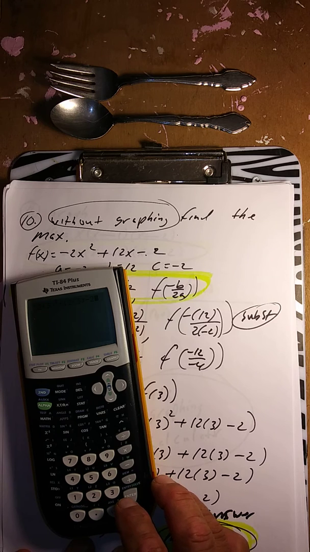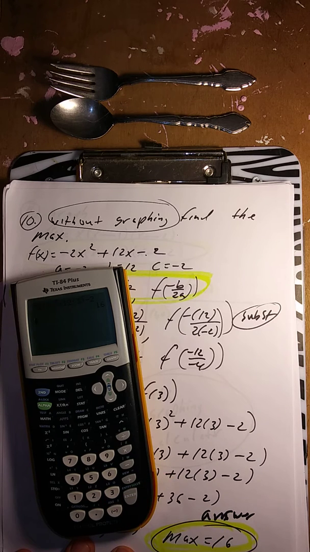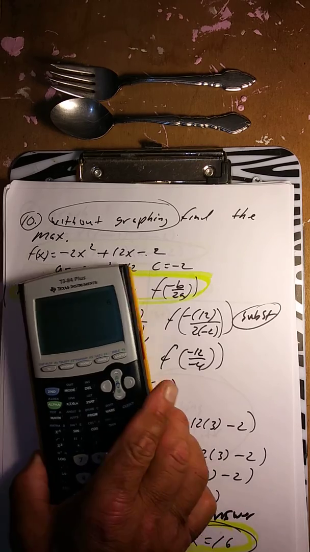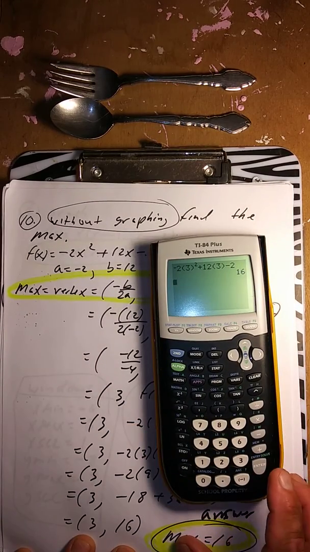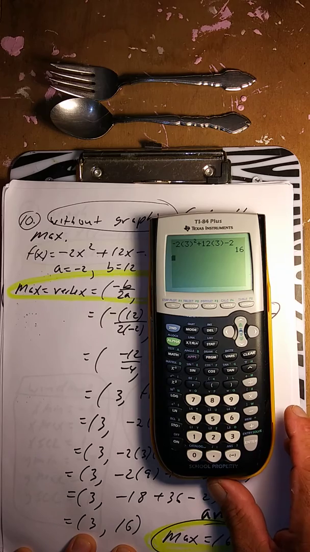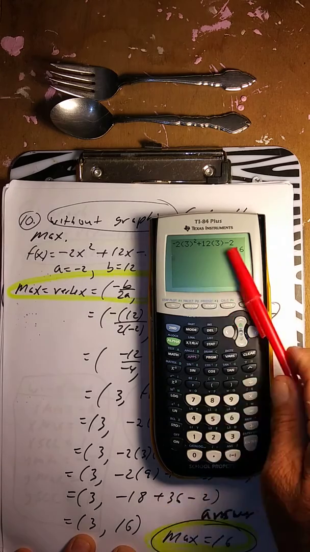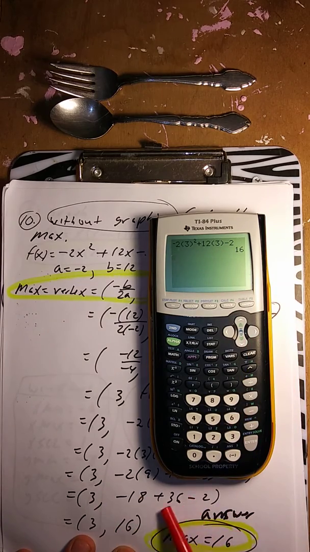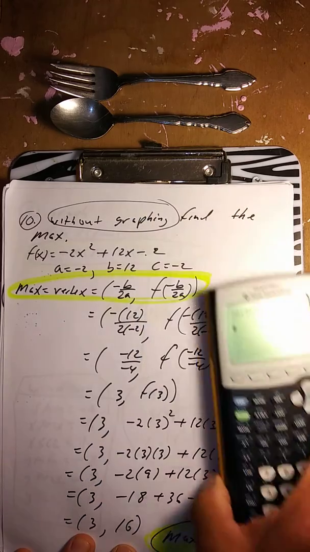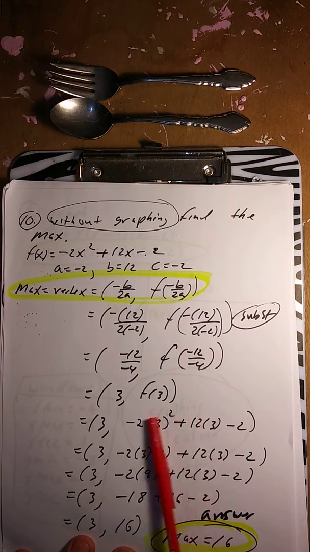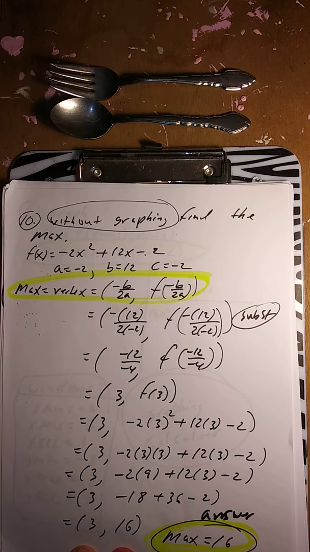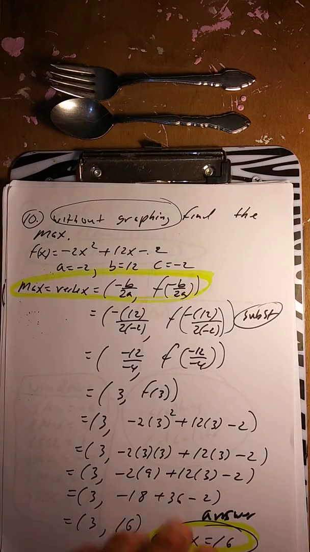I think everything looks good. We got 16 for our answer. Using the graphing calculator, put all these numbers in there, and we ended up with 16. So, the long way, or put it in the calculator. All right, now let's go to the next one.